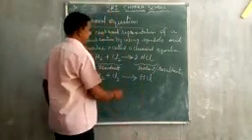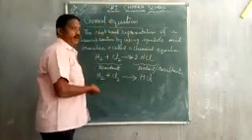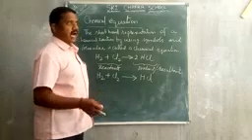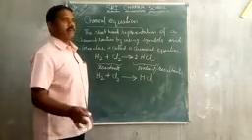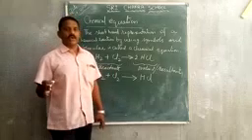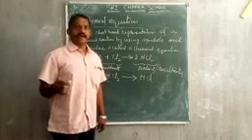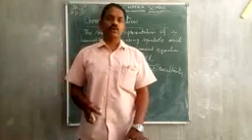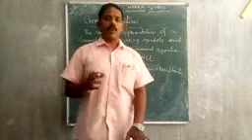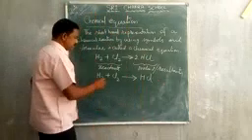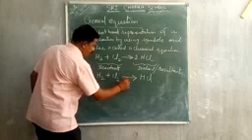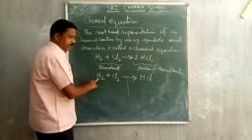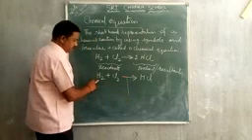So, let me explain. Just now I have told you the law of conservation of matter. Matter is neither created nor destroyed. The number of atoms of reactants must be equal to the number of atoms of products. Therefore, see here, 2 atoms of hydrogen are on the left hand side.